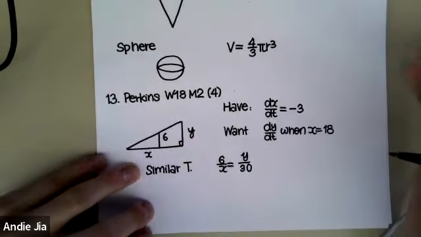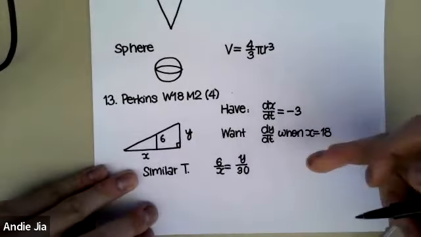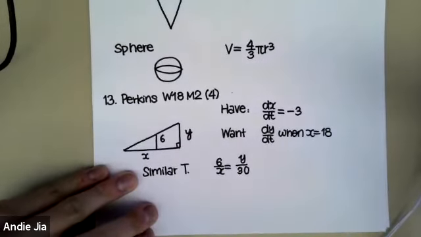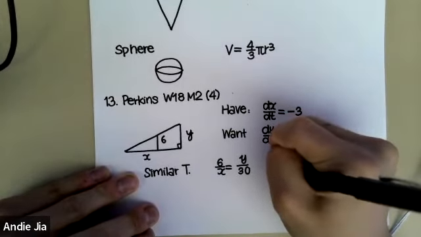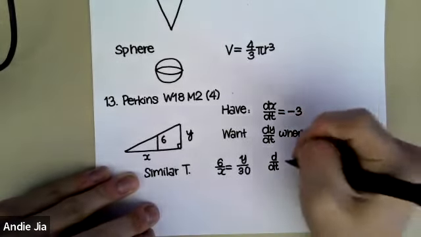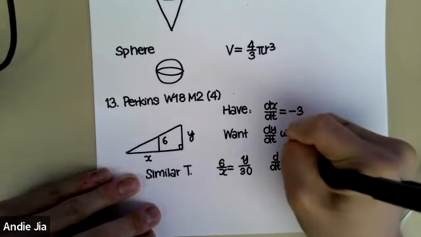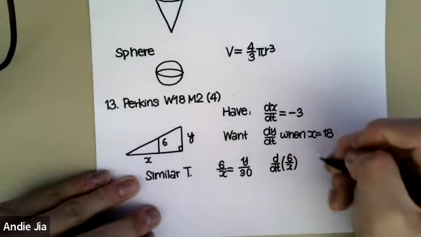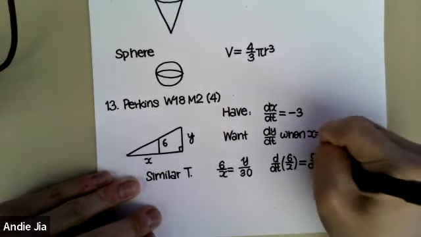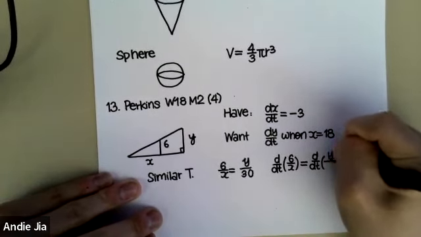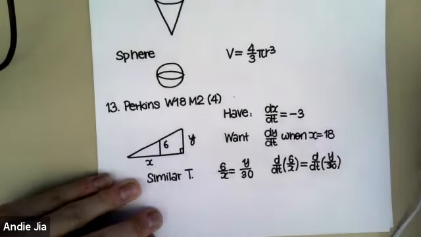And then you just take d/dt of both sides: d/dt of 6/x equals d/dt of y over 30.